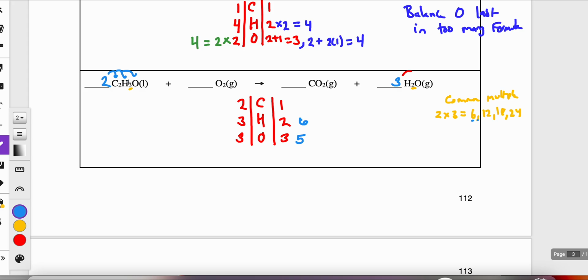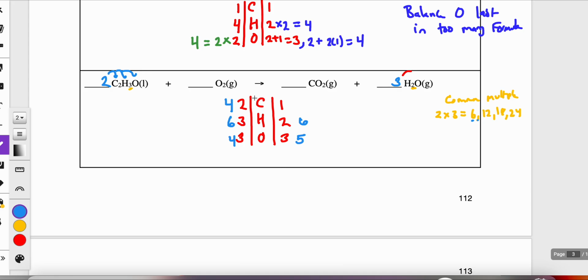The reason I put this was to get the hydrogen count from 3 up to 6. But it also changes my carbon count from 2 to a 4. And it affects my number of oxygens. I go from a total of 3, but now I have 2 here plus these 2 of 4. So at this point, the hydrogens are okay. Oxygens and carbons are a mess.